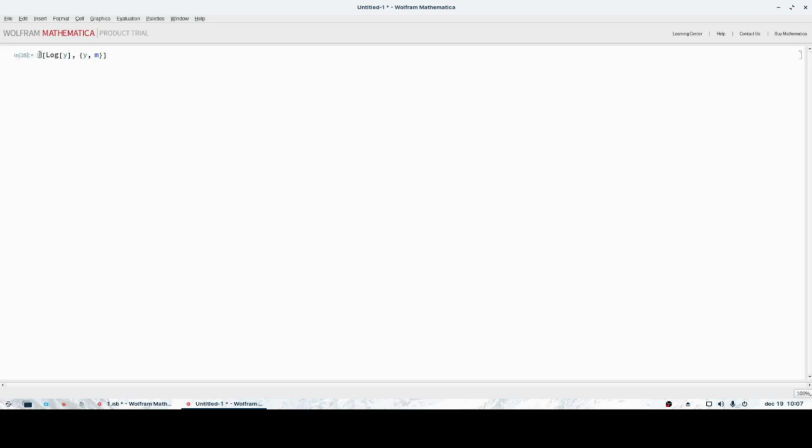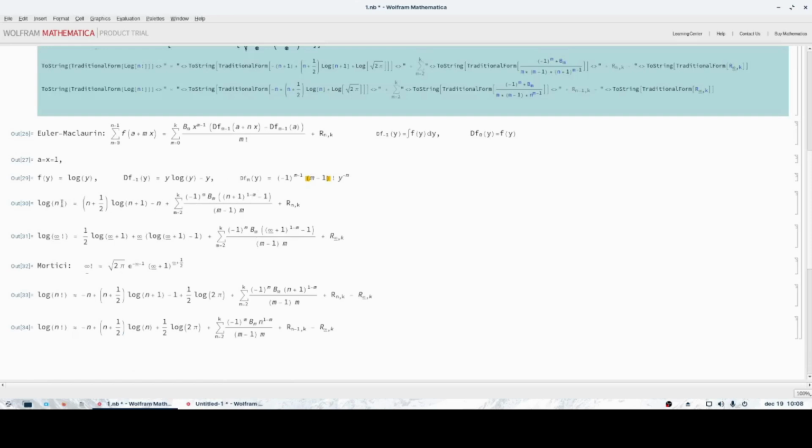If I'm using the derivative function with this y variable, and for an m value, an mth order, Mathematica also gives this result for m greater than or equal to 1. So putting all together, we get this equality. Again, this r of n and k is the remainder term of the Euler-Maclaurin summation formula.